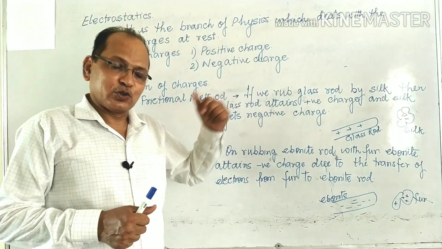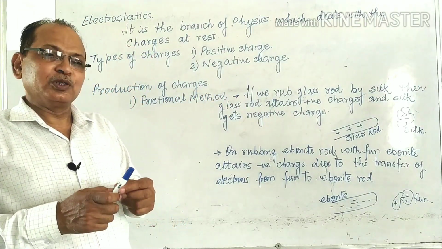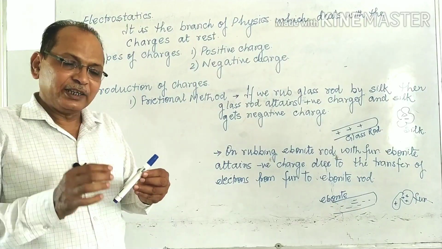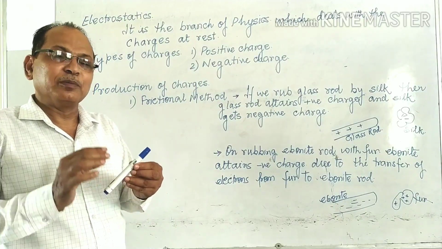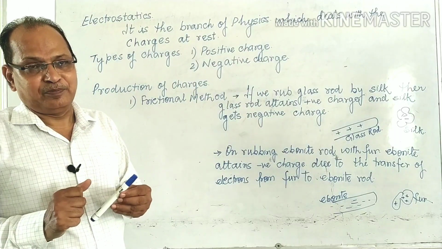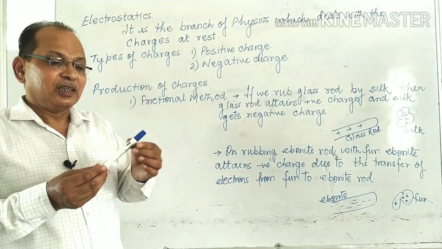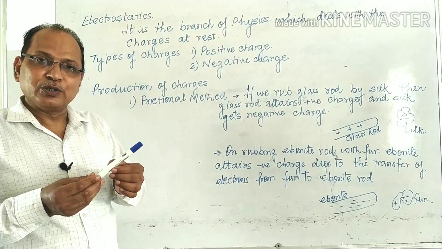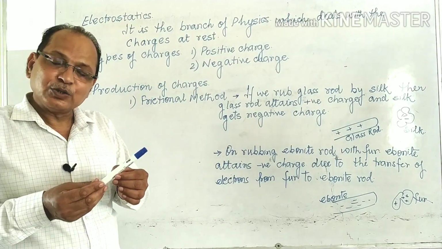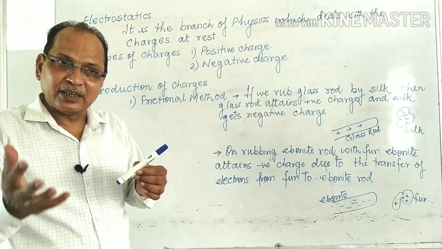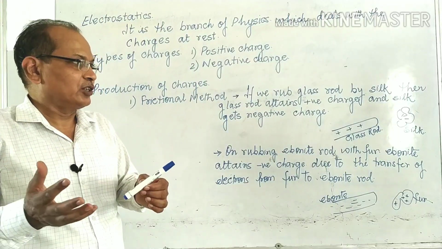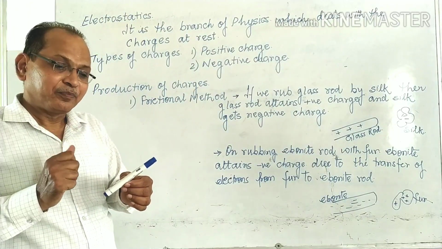Suppose a glass rod is there, and if we rub this glass rod with silk, then what happens? This glass rod attains positive charge and the silk attains negative charge. Why?